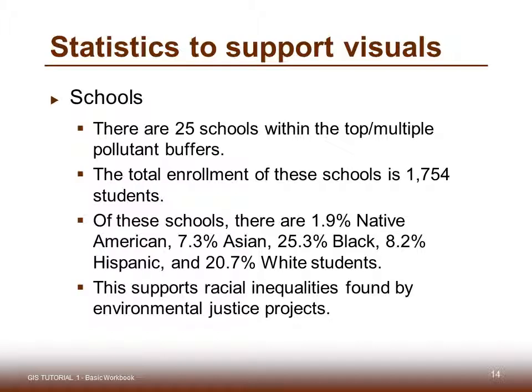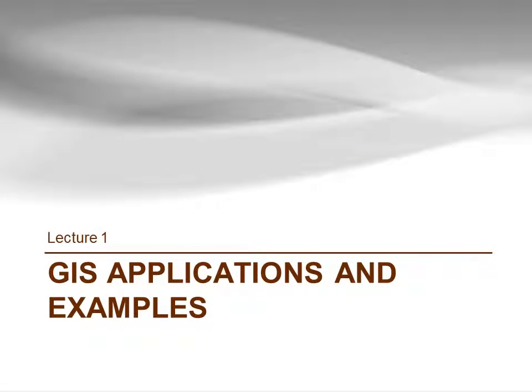In general, this supports the idea that there may be racial inequalities found by environmental justice projects when they looked at the makeup of the population that resides near to these pollution sources. We could look further at the census data and compare this to the average for the metropolitan area as a whole or for a county as a whole, and there are multiple ways to then be further analyzed.